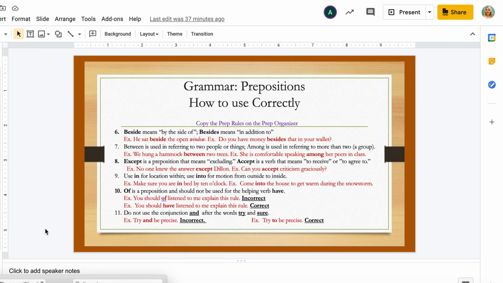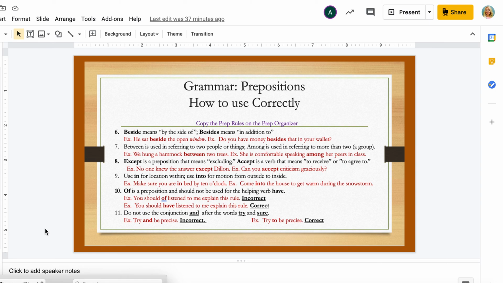Beside without an S means by the side of. For example, I am sitting beside my sofa. I am sitting beside my table. Beside without the S simply means by the side of.